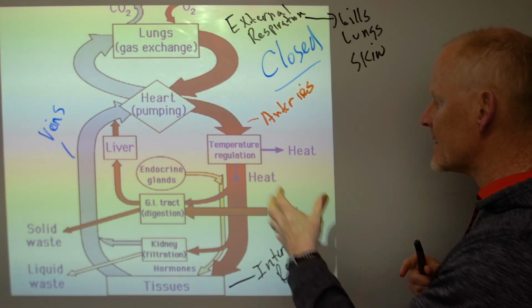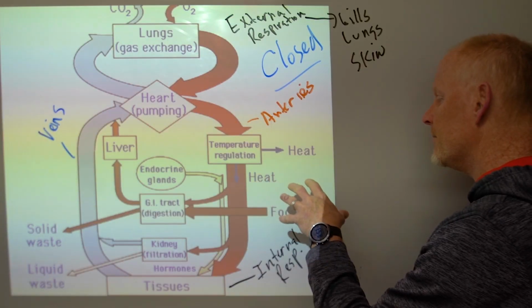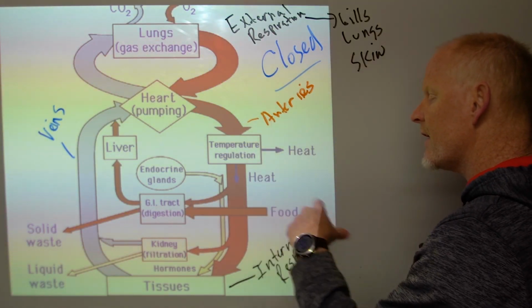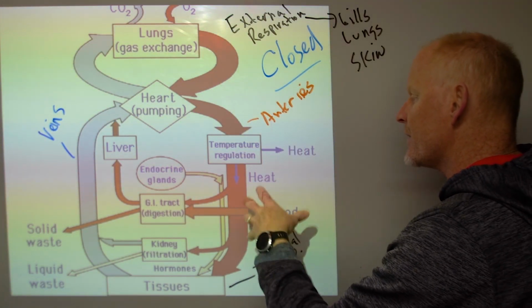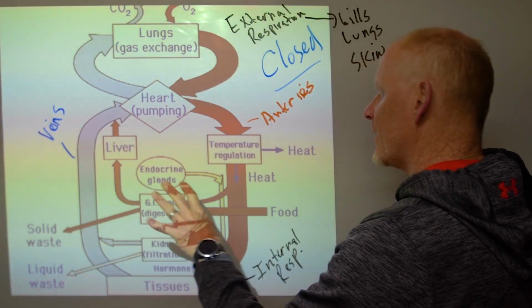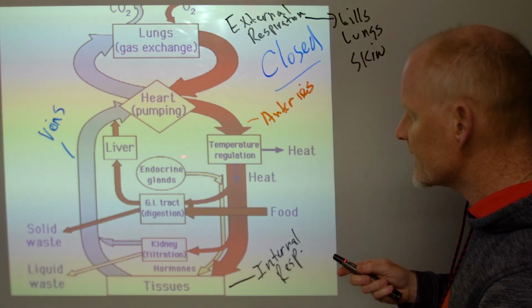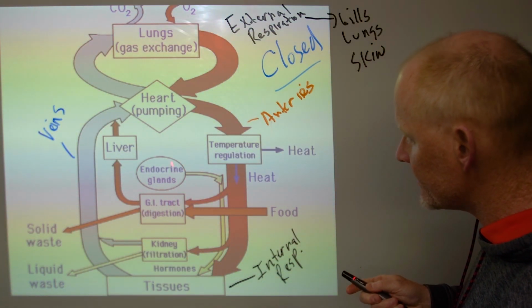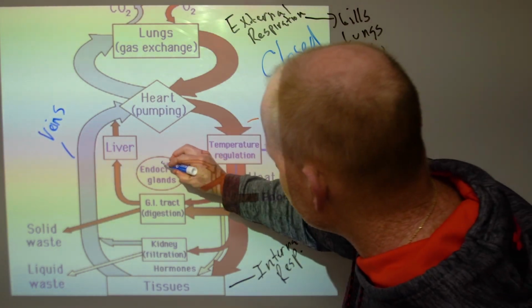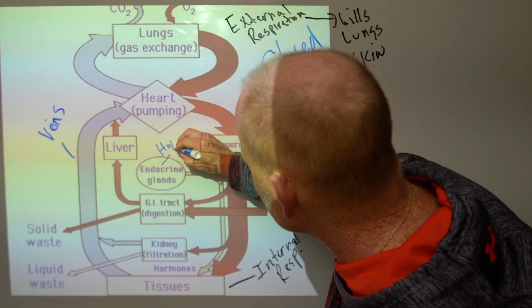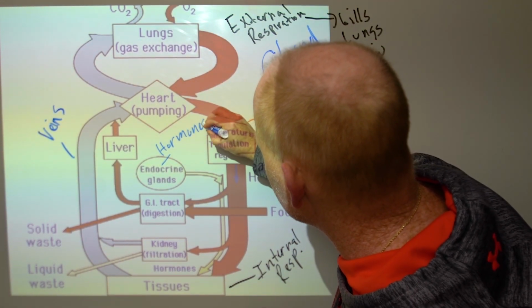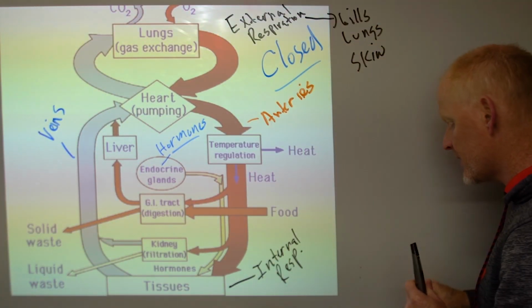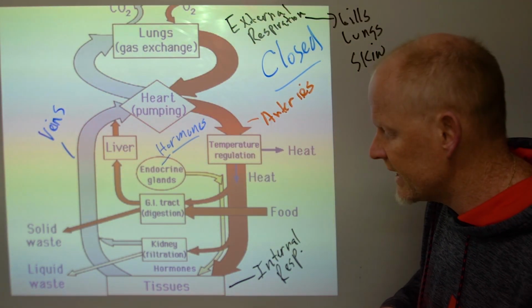So you can see that the blood is transporting materials to and from organs, delivering nutrients and oxygen and taking away carbon dioxide and waste. It also delivers things like hormones from the endocrine system. So remember, we talked about those a minute ago. Hormones are communication molecules that tell certain cells to do something or change their physiology.